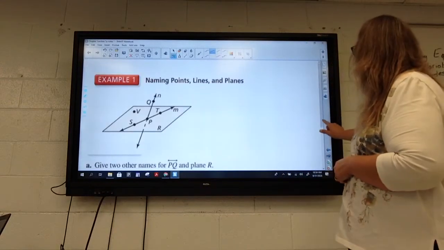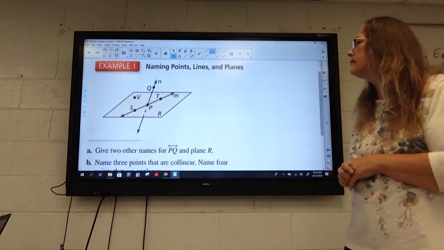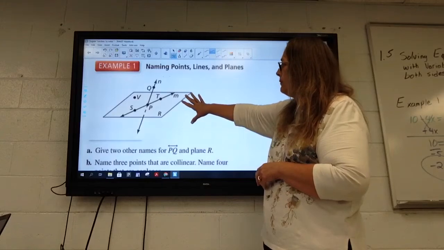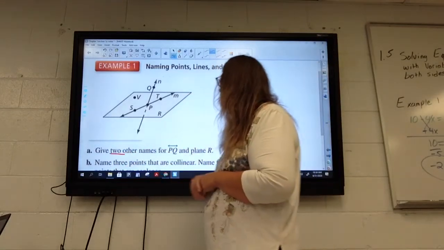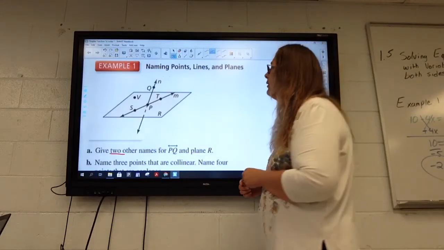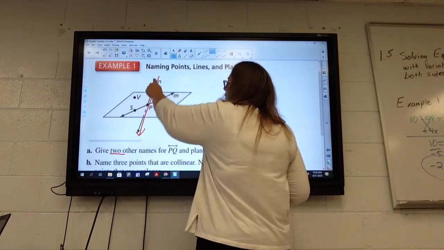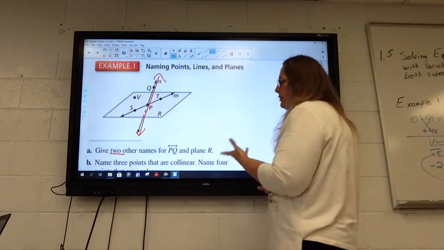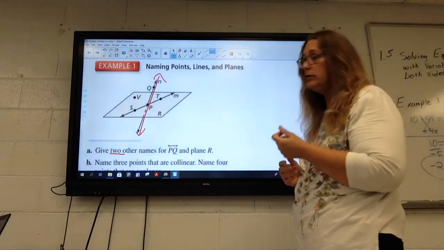So let's look at example 1 here. Naming points, lines, and planes. Here's our shape. Give 2 other names for line PQ and plane R. Well, PQ is this line right here. So from the other page, it said we could reverse the order.